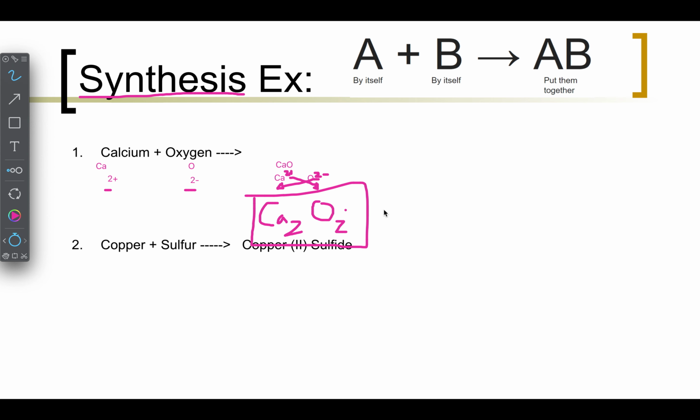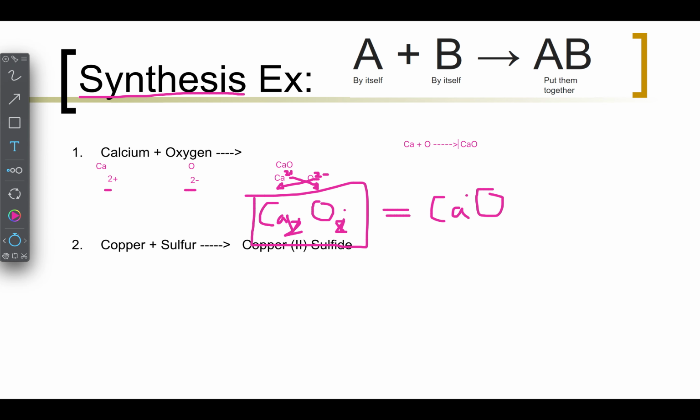Now, this can be simplified, right, to calcium, oxygen, because these 2's, right, cancel out because they're the same. We can simplify this equation to calcium, oxygen. So our final equation ends up being calcium plus oxygen goes into calcium, oxygen, right?